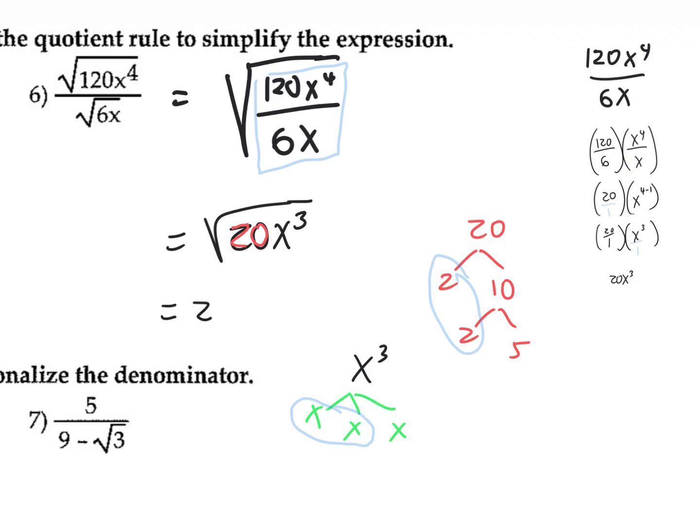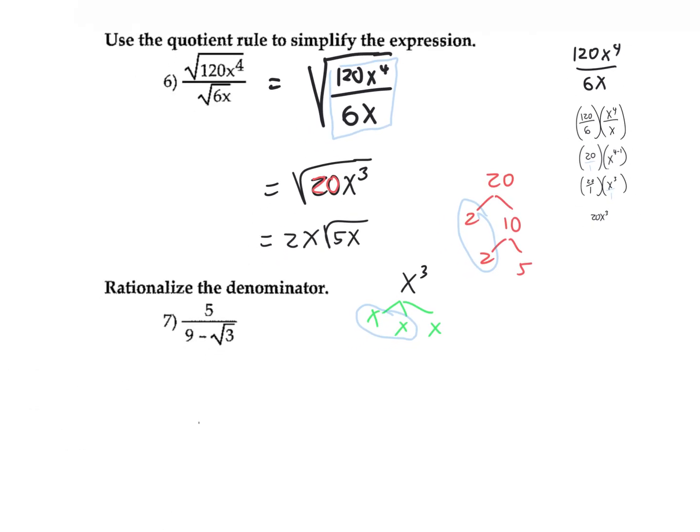So let's process that. As it pertains to the x to the third, who gets out? Well, one of these x's gets out. So let's process that. As it pertains to the number, who got left inside? Well, that was a 5. So that's left. As it pertains to the x cubed, who gets left inside? That is an x. So we have that. All right, so that is the answer to that one.